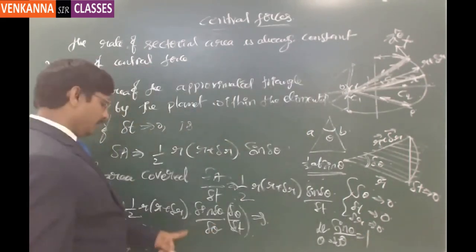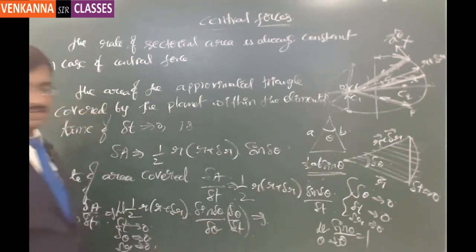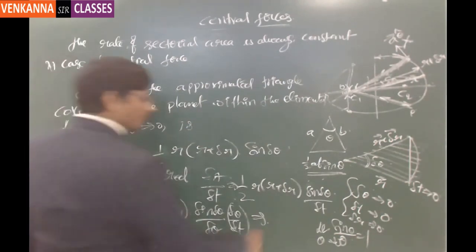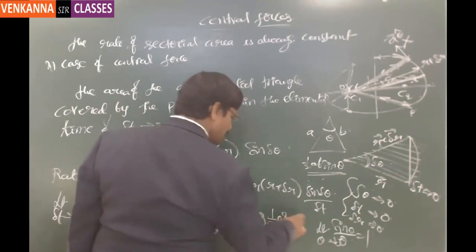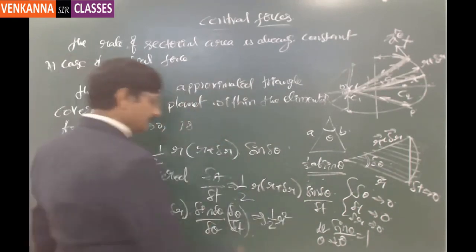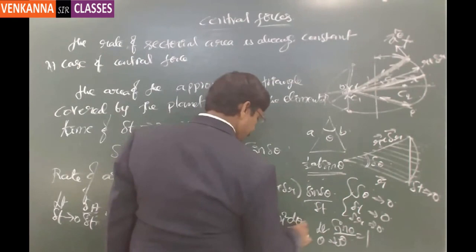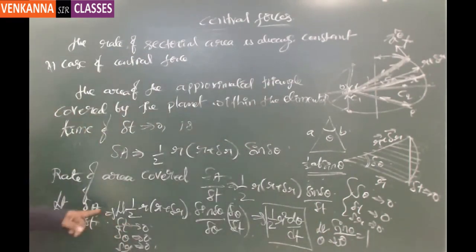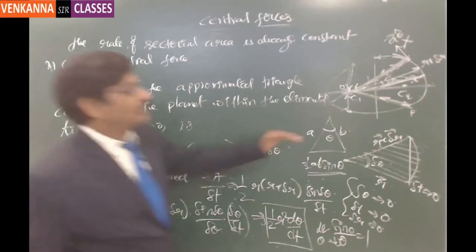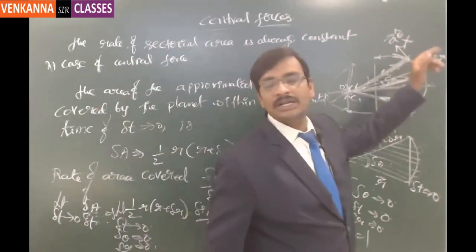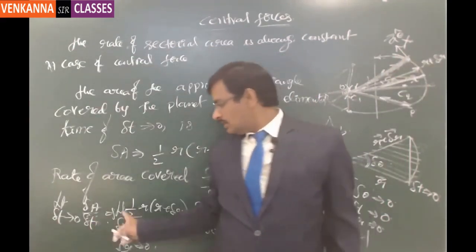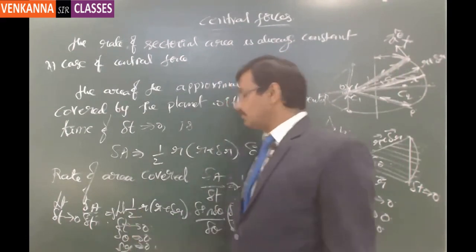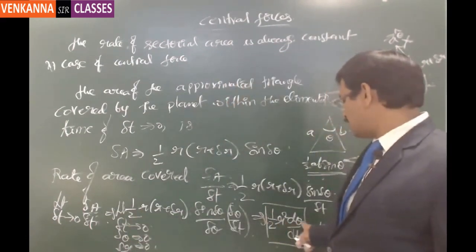If I replace that value, and replace delta r with 0, I am left with 1 by 2 times r square into d theta by dt. This is the expression for dA by dt, which is nothing but the rate of sectorial area, the area that it is going to cover within a time of delta t. So that area rate is given by 1 by 2 times r square d theta by dt.